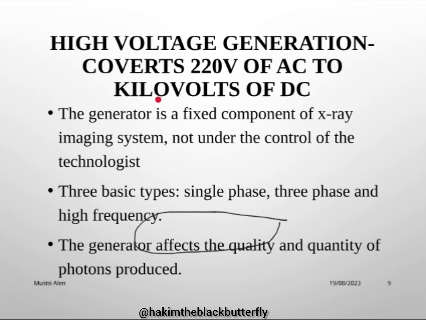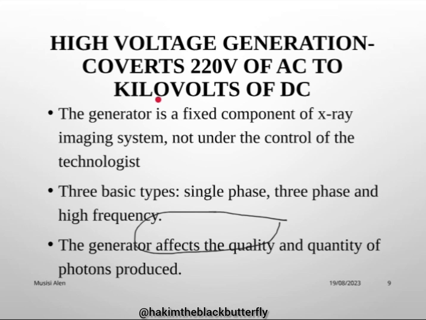Okay, I was saying that when you talk about quality, we mean energy of the beam. Quantity means number of X-ray photons in the beam. Now, the kV you feed into the machine affects the energy of the X-ray photons produced.